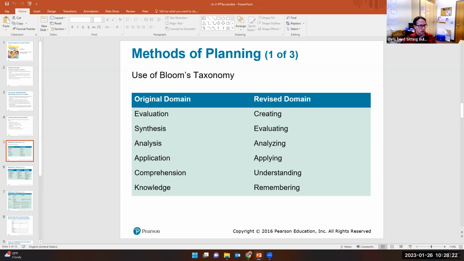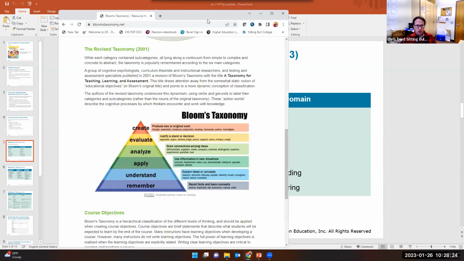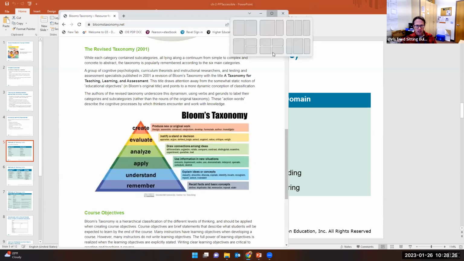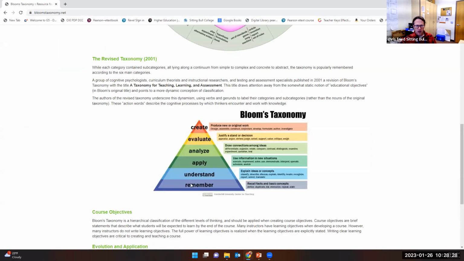Okay? And here's an example of this, and this is on my SBC in the resources tab. You can see here Bloom's taxonomy. Remembering is that baseline, right? That's the simplest, lowest level in regards to Bloom's taxonomy. And then as we move up the triangle here, it gets more difficult.